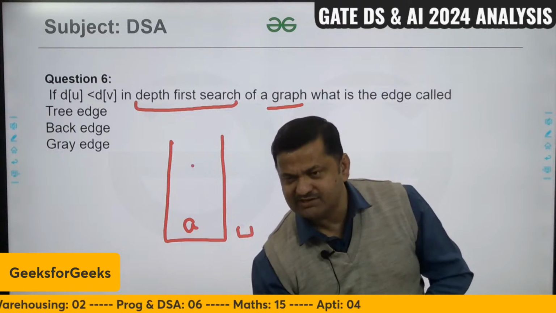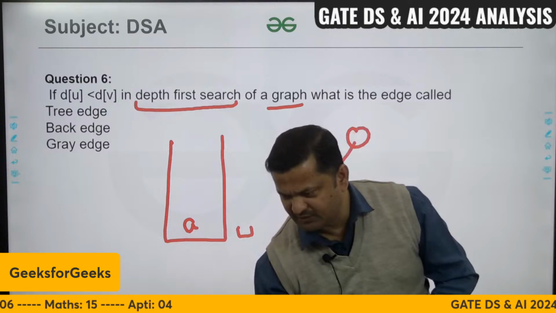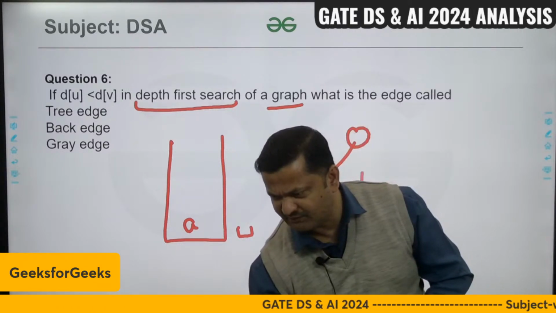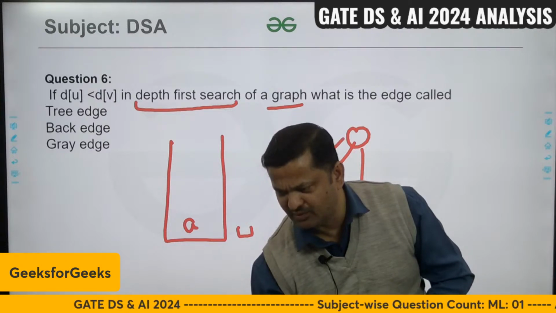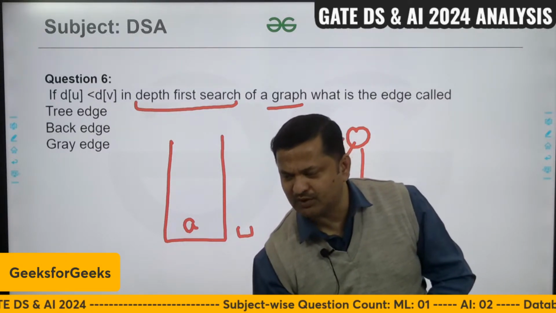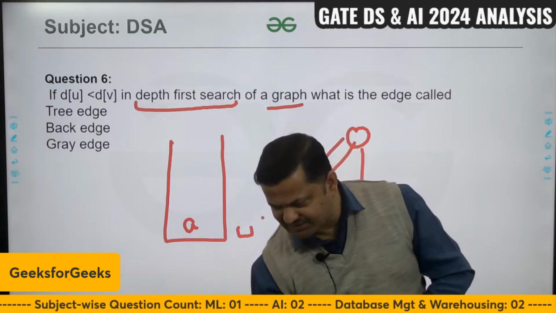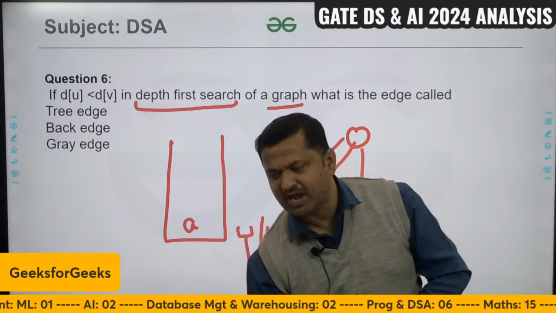Whenever there is a dead end at any particular node, say in this graph I have followed this node, come to this node, and now there is no further visit, we have to backtrack, and during the backtrack I assign a new time. So this is the forward timestamp and this is the backward timestamp.